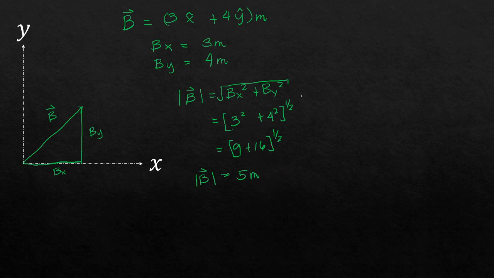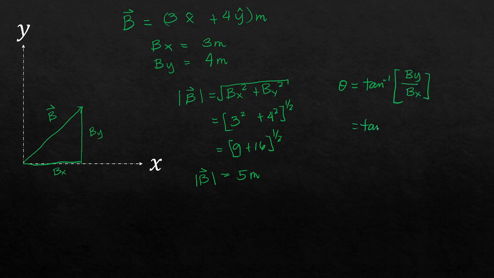The next thing that we have to do now is to get the angle, because the angle would actually give us the direction. So to get the angle, we use the formula theta equals arctangent of BY over BX.